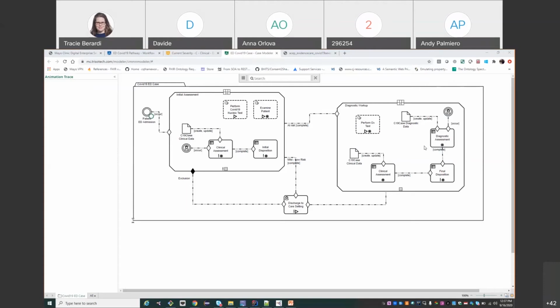So what is this model actually looking at? It's looking at the fact that there is an event, which is the patient admission. Patient shows up, and we know that this whole ED model only applies, is valid for adult with COVID. So we definitely want to apply some inclusion criteria early on, and if the inclusion does not apply, this whole model should be silenced and be done.